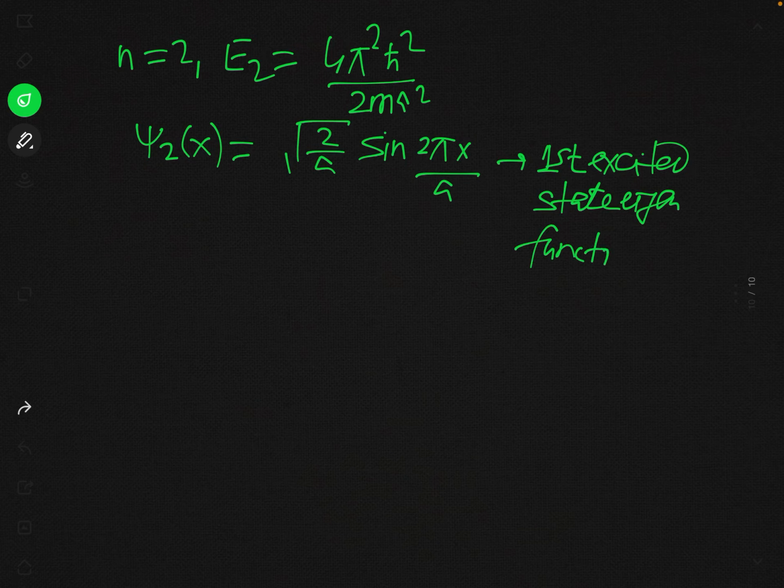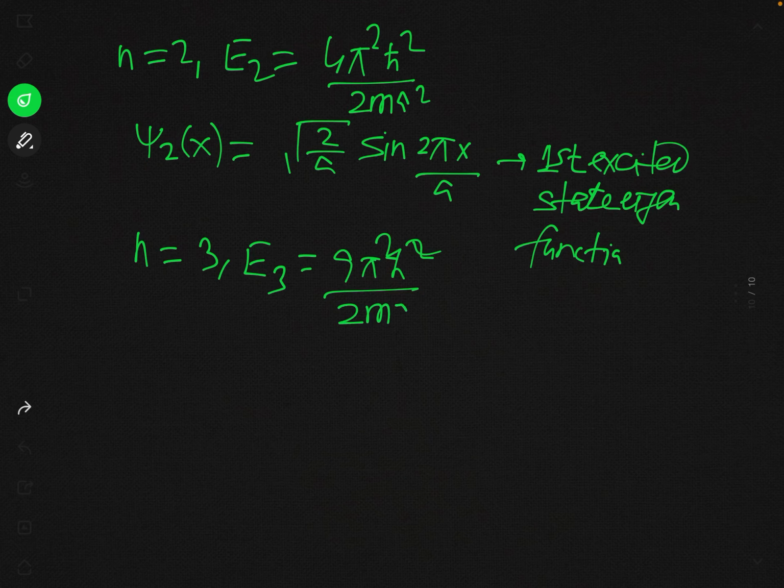And in a similar manner you can also find that when n is equal to 3, energy E3 will be equal to 9 pi square h bar square over 2ma square.